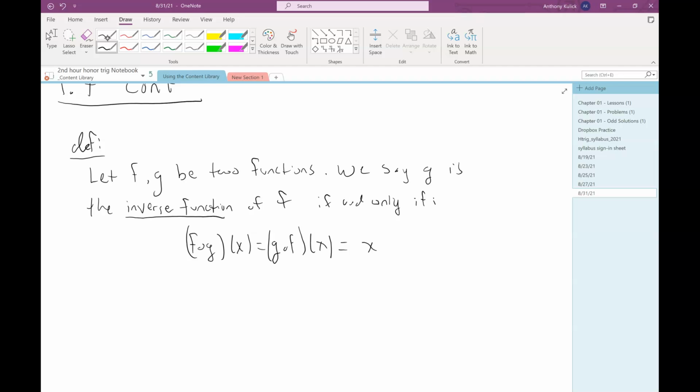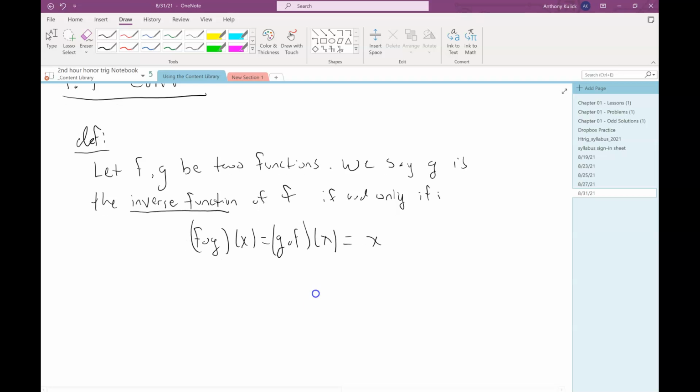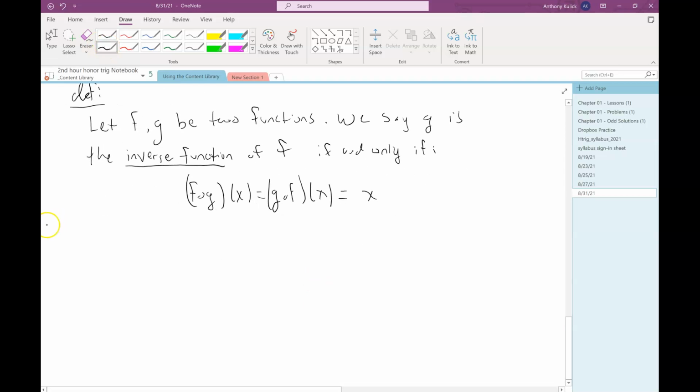So when we talk about these inverses, it's basically just a way of recovering the original input, right?